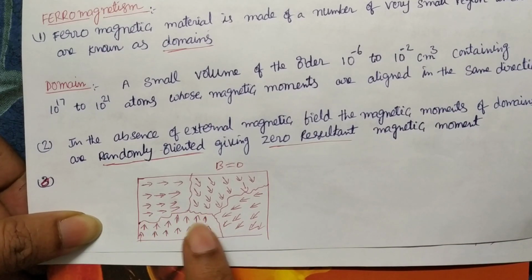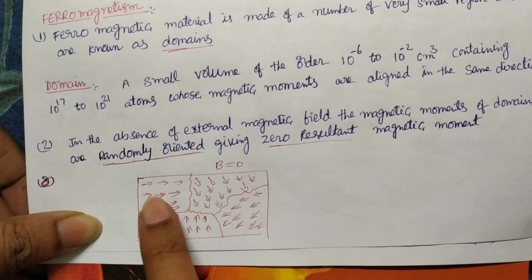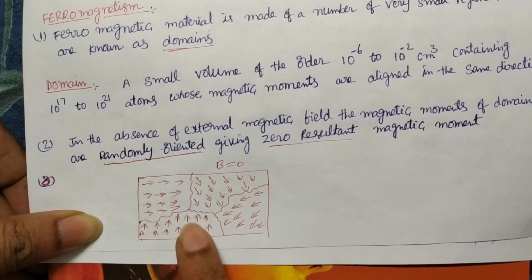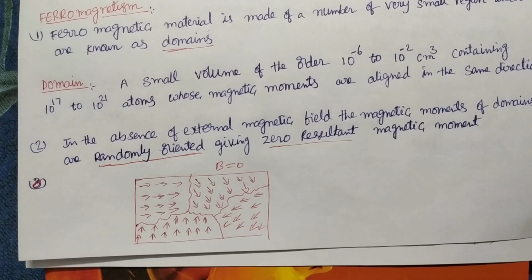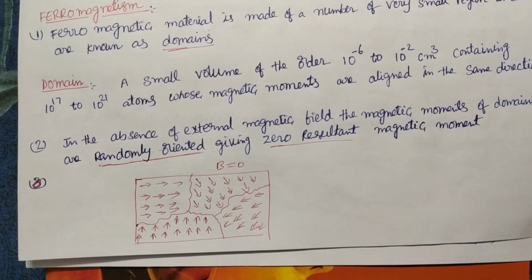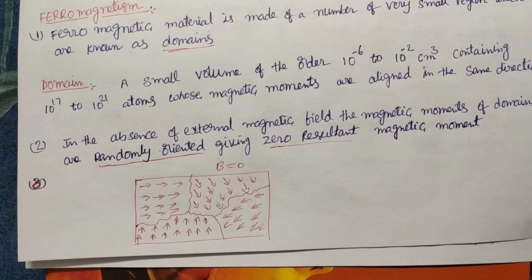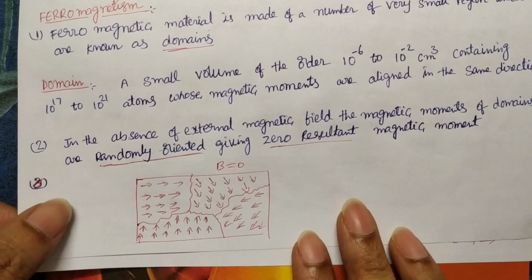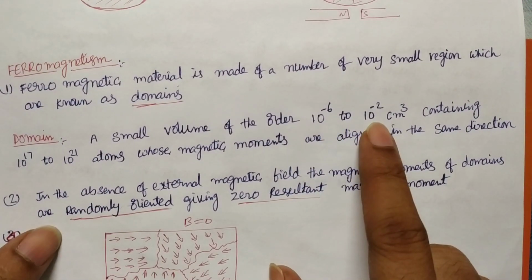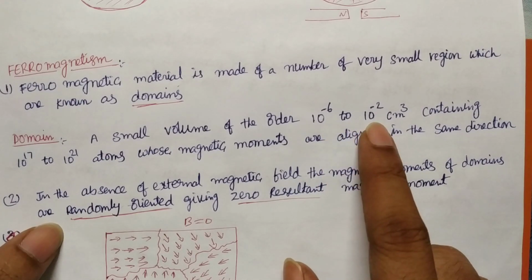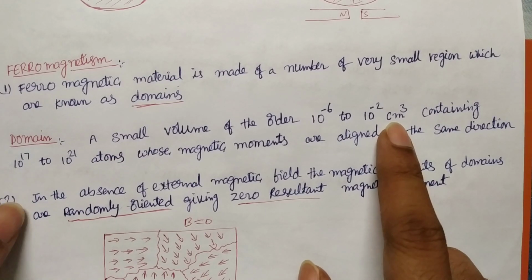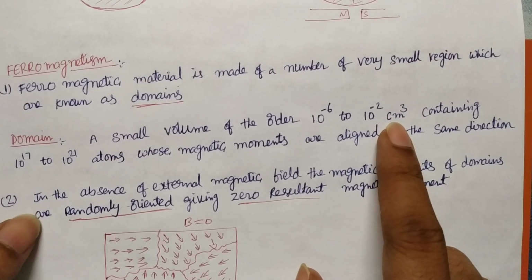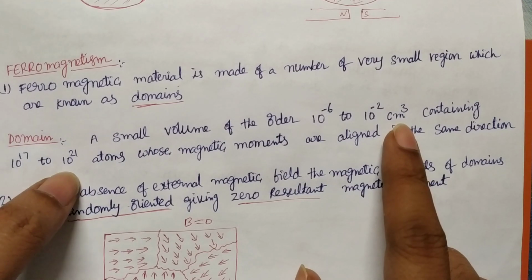Here I divide it into 4 regions: here the magnetic moment is horizontal, here slantwise, here slantwise, here vertically upward. These regions, where the atomic magnets are all aligned in the same direction, we call a domain. In a ferromagnetic substance, every volume of 10 power minus 6 to minus 2 cubic centimeter contains 10 power 7 to 10 power 21 atoms.